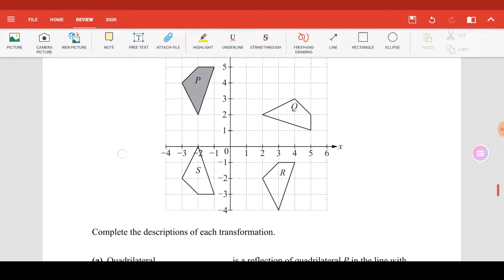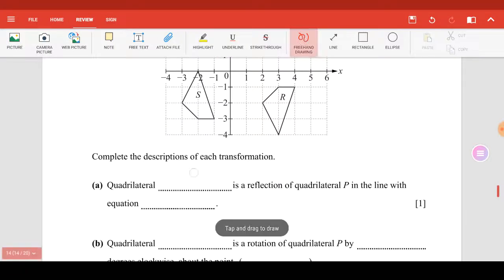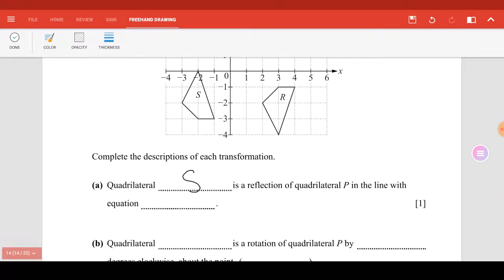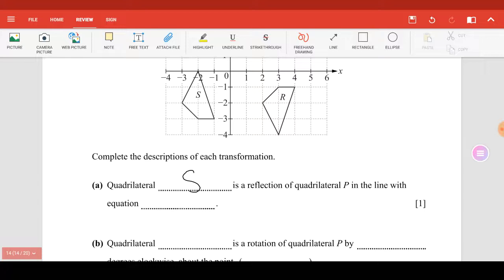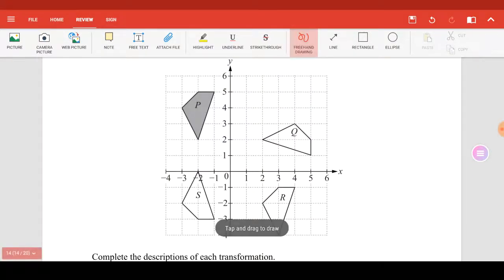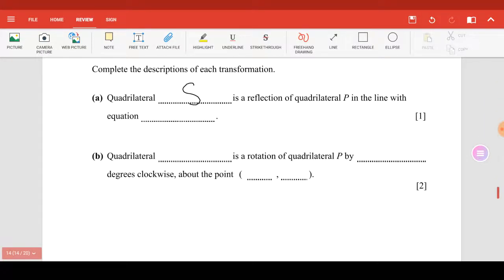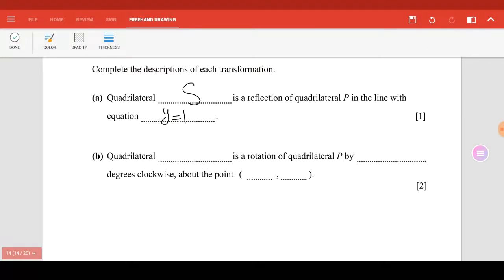Okay, the reflection of P is S. So the shape S is the reflection of quadrilateral P in the line with the equation. As you see, the halfway is here, and the mirror should be a horizontal line, taking the equation y equals 1. So it's a reflection about the line y equals 1.